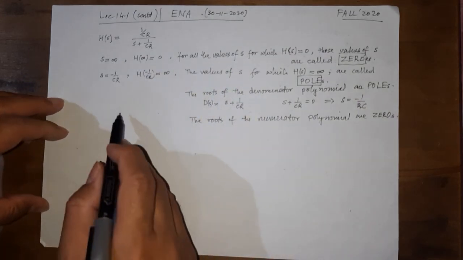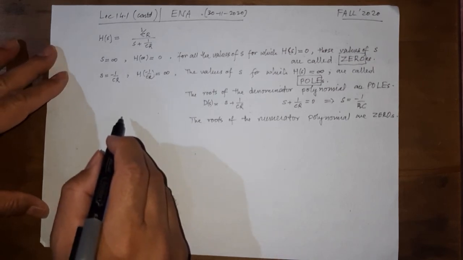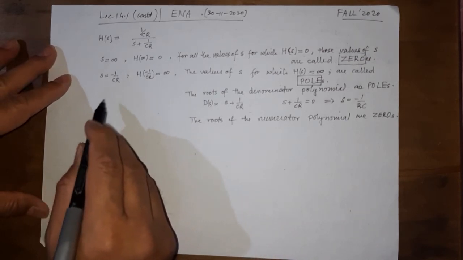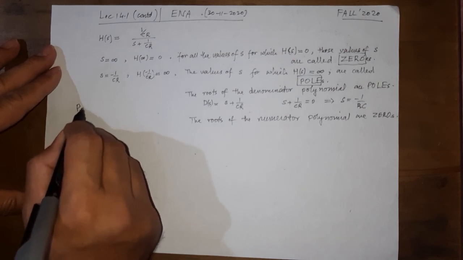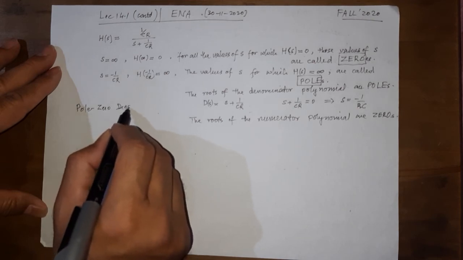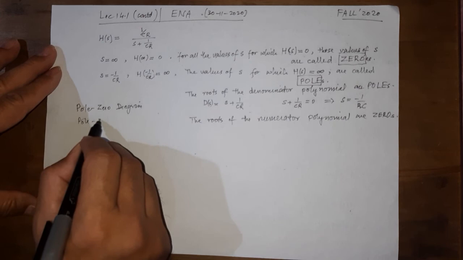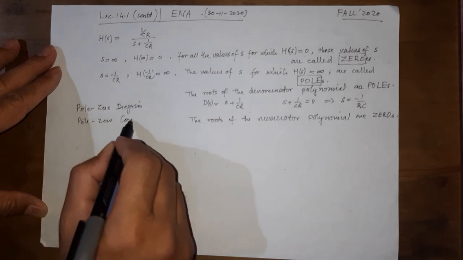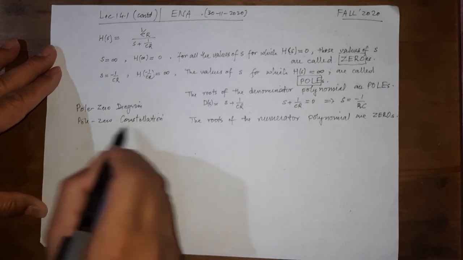So we cannot draw s is equal to infinity, but there is a way of drawing these poles and zeros in a diagram that is known as a pole zero diagram, or as your book says, a pole zero constellation diagram.